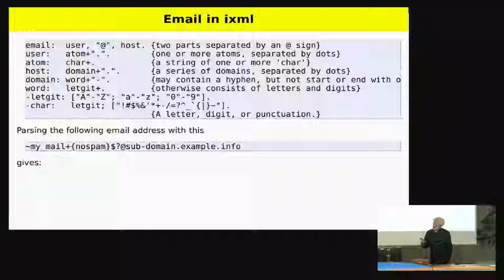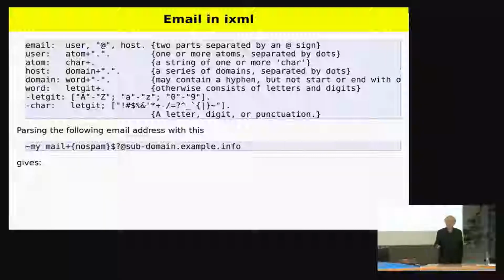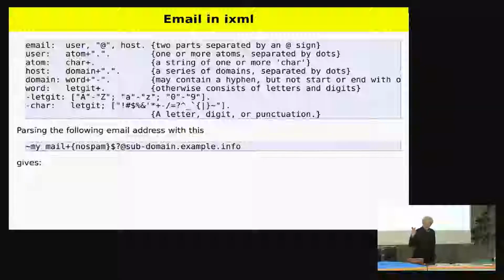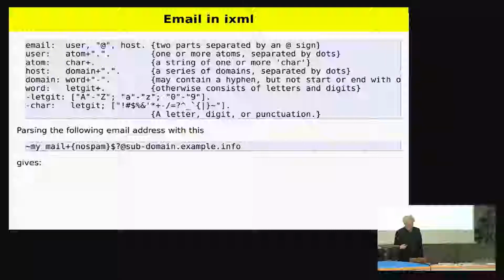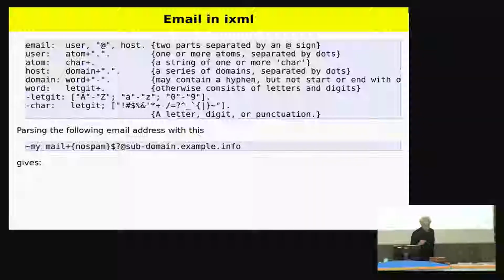So as well as the normal regular expression style pluses and stars after something, saying 1 or more or 0 or more, you can also add something after the plus or star, which says that those things are separated. Now, it doesn't give you any extra power, but it makes grammars very much easier to write. It's much more expressible. So a user is a number of atoms separated by points. An atom is just a number of characters, and so on and so on.